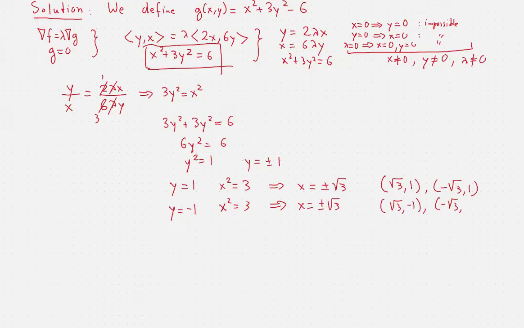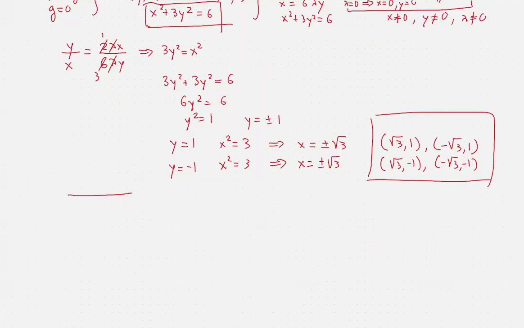critical points. And now, since we know that our minimum and maximum are guaranteed to exist, and these are the only possible places where this can happen, we can evaluate our objective function on those 4 points.